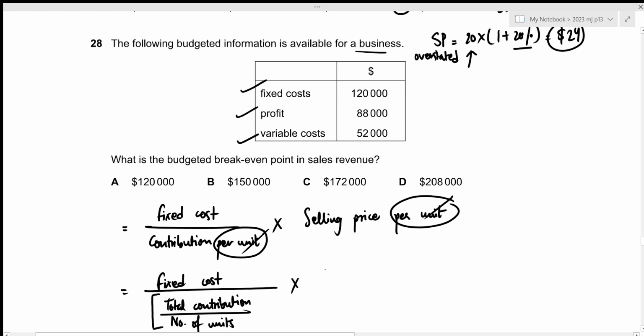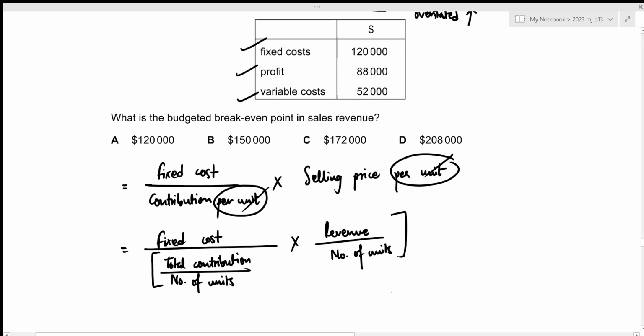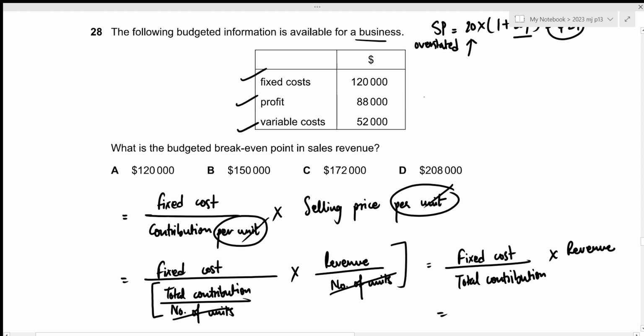Similarly, if we multiply it by the total revenue and divide it by the number of units, this will give the selling price per unit. So we can just cancel the number of units on both the numerator and the denominator, giving the formula to be fixed cost divided by our total contribution multiplied by the total revenue. And we're doing this because we're not given any information regarding the number of units, and we're given the cost in terms of total costs.